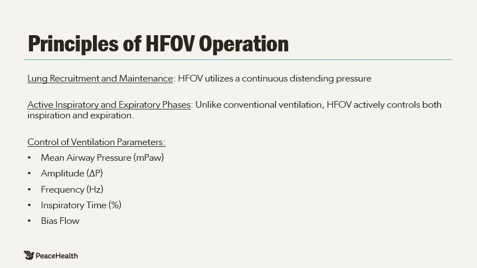Next is amplitude or power. This is the pressure difference generated by the oscillatory mechanism, which primarily influences carbon dioxide removal. Adjusting the amplitude alters the tidal volume delivered by the ventilator. Frequency is the rate of oscillations per second.